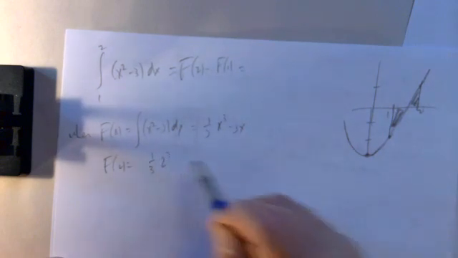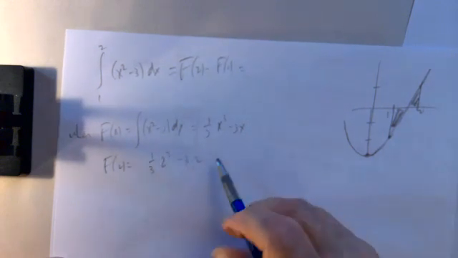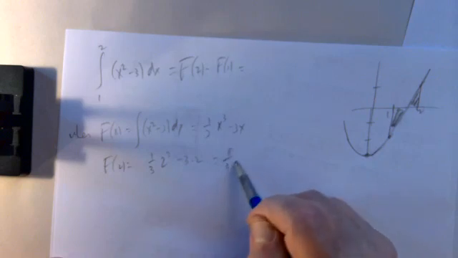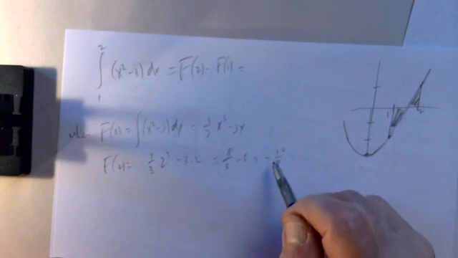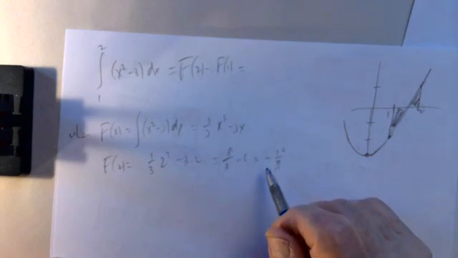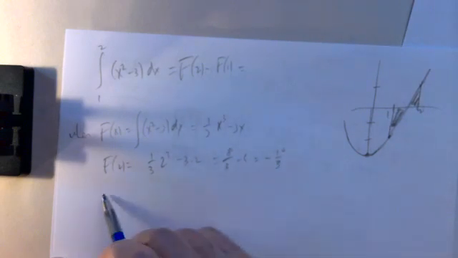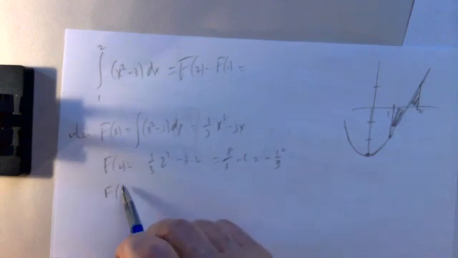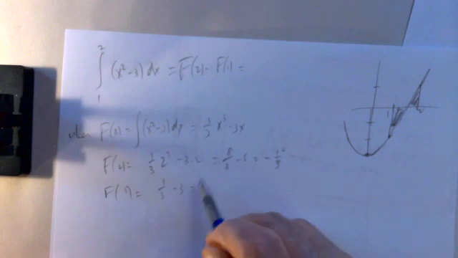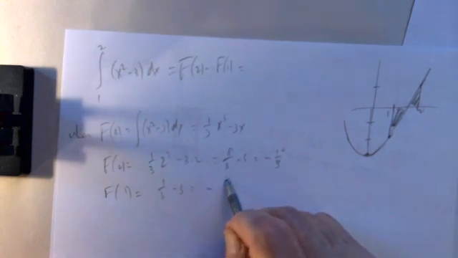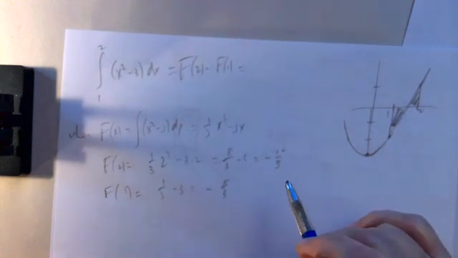A third 2 cubed minus 3 times 2. That's 8 thirds minus 6. That's minus 10 thirds. And F of 1 is 1 third minus 3, which is minus 8 thirds.